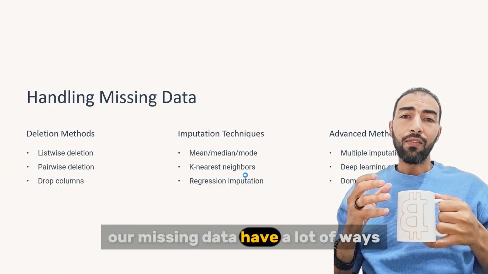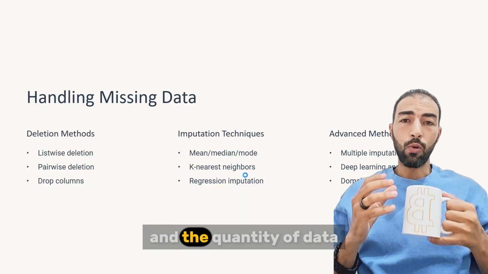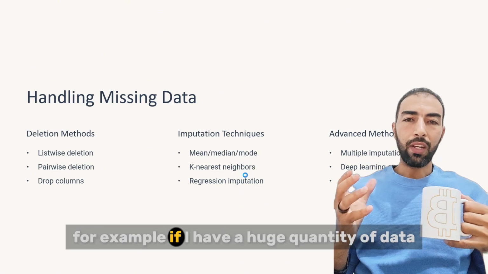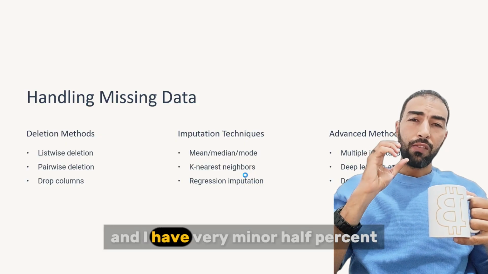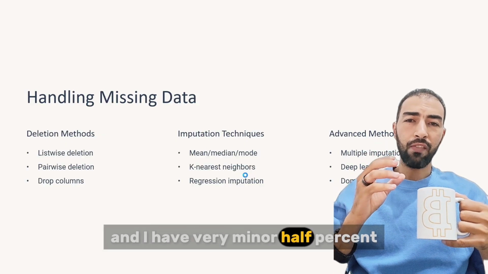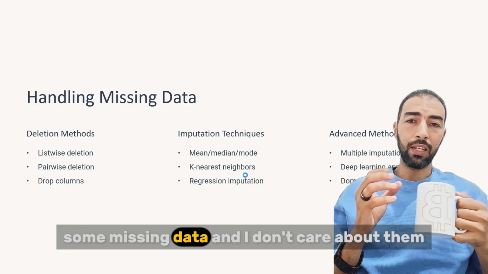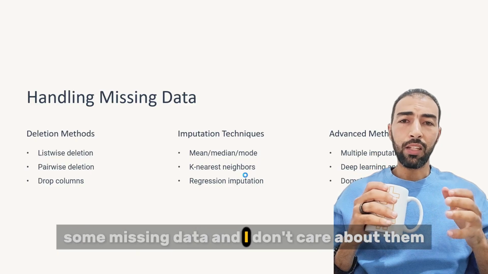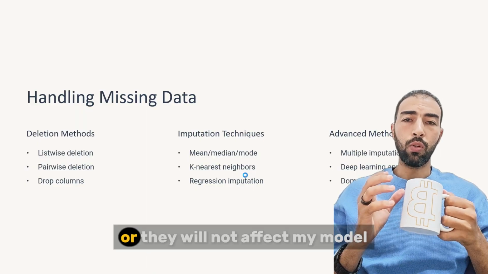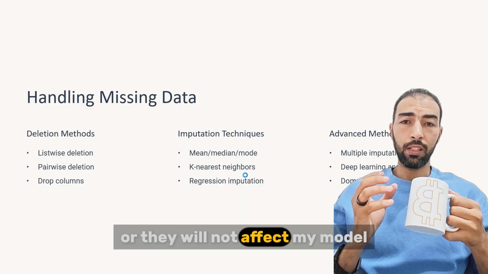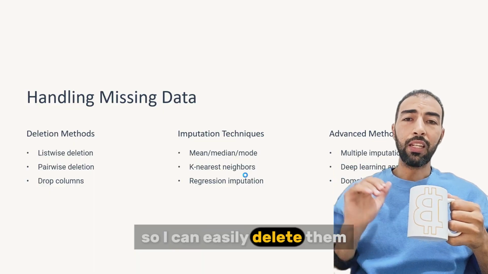So how do we handle the missing data? There are a lot of ways to handle missing data, and that depends on the situation and the quantity of data. For example, if I have a huge quantity of data and a very minor amount, say 0.5%, of missing data, and I don't care about them, or they are not crucial, or they will not affect my model, I can easily delete them.